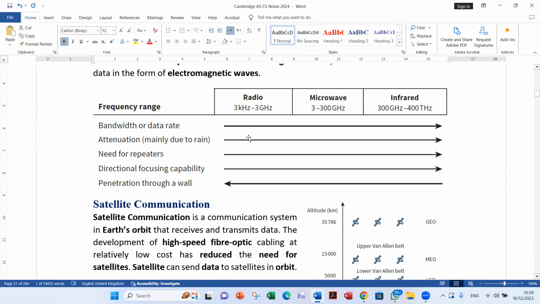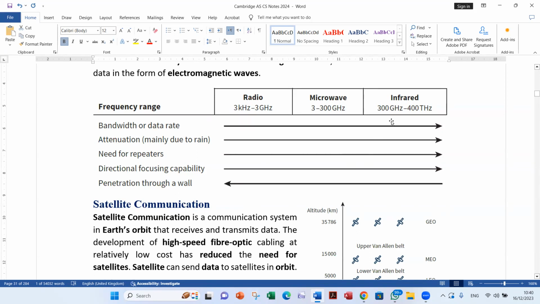So if you are close to the router and you use microwave, your data is going to be very fast. If you are away from the wireless access point and use the microwave, the penetration through the wall is very small, then the signal will be lost.